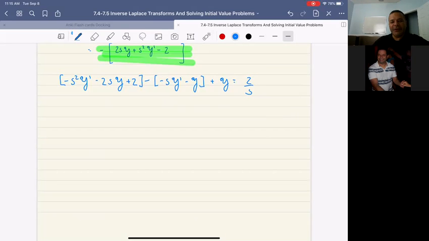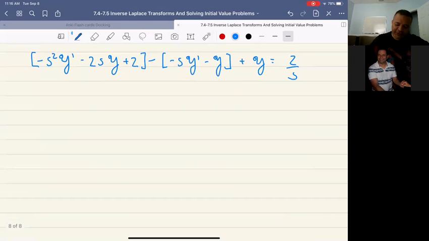Okay, so now let's write this to try to isolate the y and the y prime. The y primes have s minus s squared y prime. The y's have negative 2s plus 1, so plus 1.